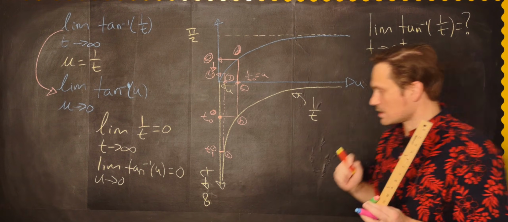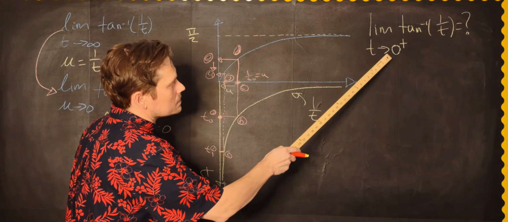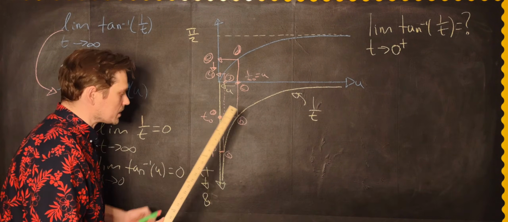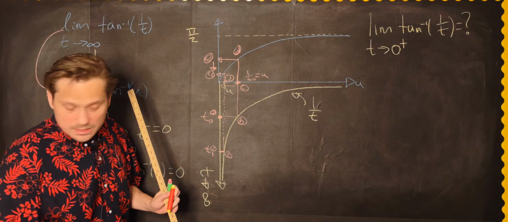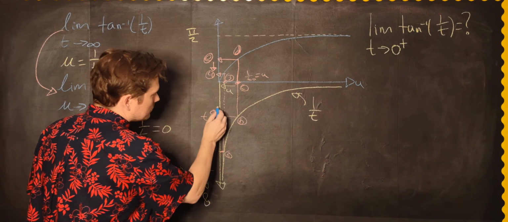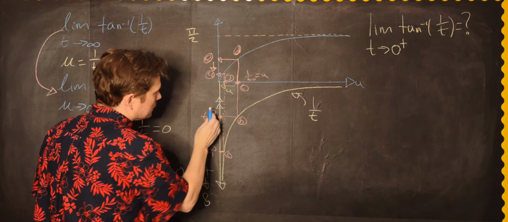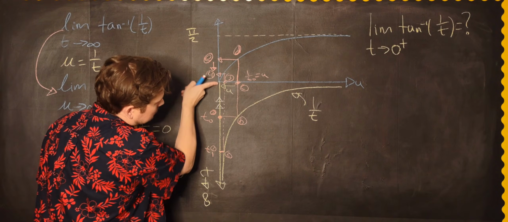So let's think about this a little bit. Take a look. So t is going towards 0. In this construction, I'm going to use a different color. I got to differentiate. So here, t going towards 0 means t is moving this way. T is moving towards 0 along this t-axis, you see? It's moving towards 0 here.